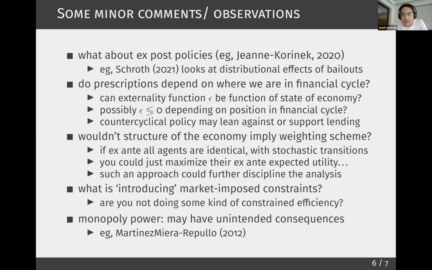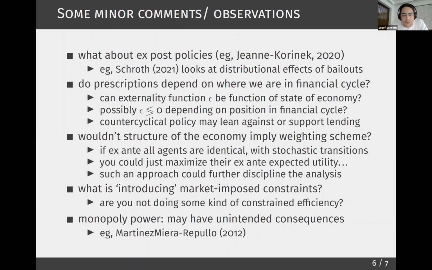So I think the prescriptions might also depend on where you are in the financial cycle. The externality function could be a function of the state of the economy, not just of the borrowing flow itself. Its sign could even change depending on the position in the financial cycle. We know in practice that countercyclical policy may lean against credit or support credit, depending on where you are in the financial cycle.